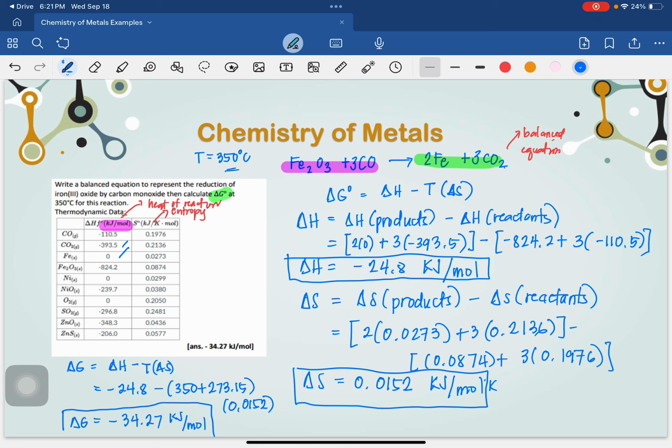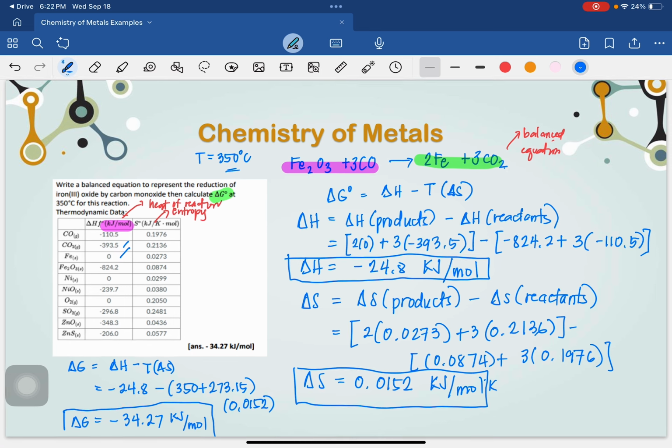We started with getting delta H, and then we proceeded to getting delta S, and then just substitute the given T, and we're getting delta G as negative 34.27 kJ per mole. Quite long, but very simple.